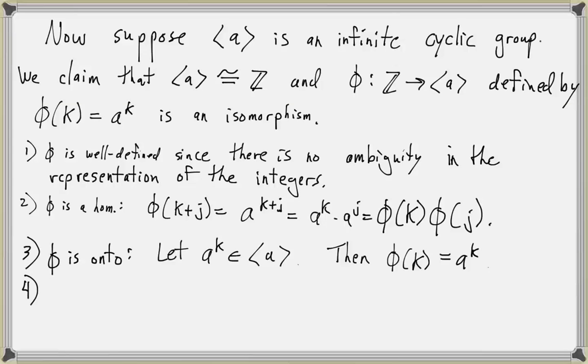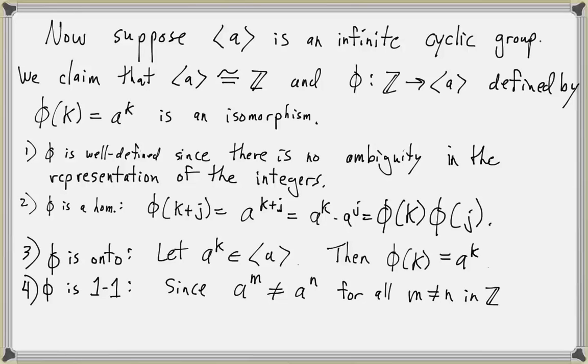Finally, phi is one-to-one, since we saw that distinct powers of a are distinct elements. So a to the m does not equal a to the n for all m not equal to n in the integers. So therefore phi is one-to-one.